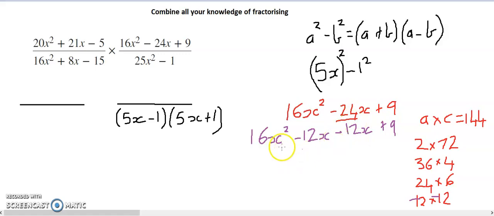Now I just want to be taking out a common factor. So on this side here, I've got 4x that is a common factor. So 16x squared divided by 4x equals 4x. Negative 12x divided by 4x equals negative 3.